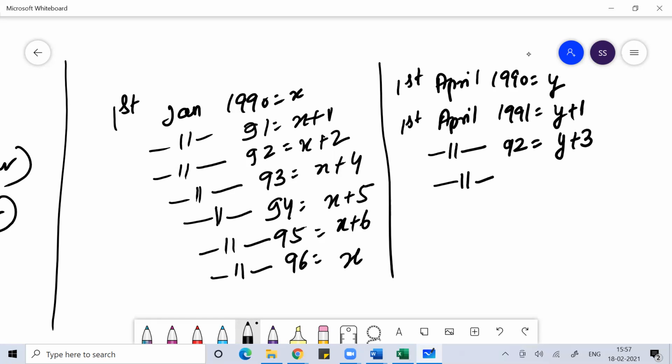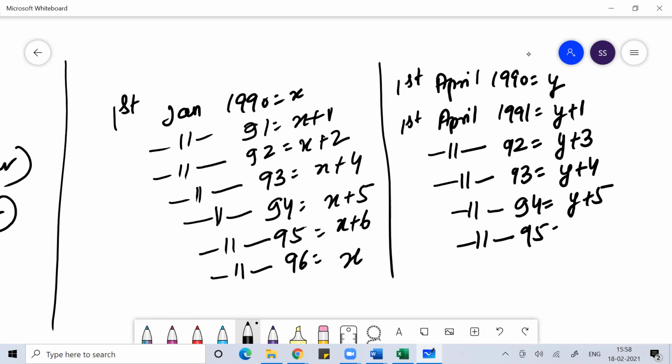Then 1st April 1993 will be Y plus 4, 1st April 1994 will be Y plus 5, and 1st April 1995 will be Y plus 6. Then 1st April 1996, a leap year, will be Y plus 8, or Y plus 1. Means 1 week complete now. So I hope you are getting the logic of what I am telling you.